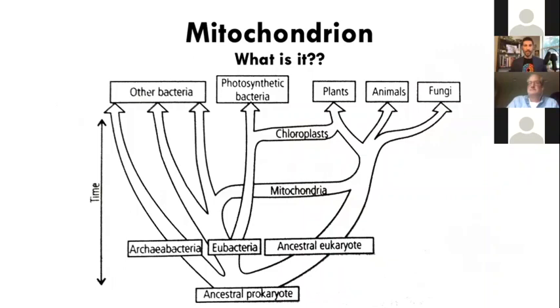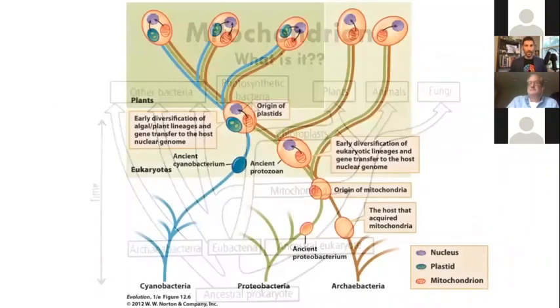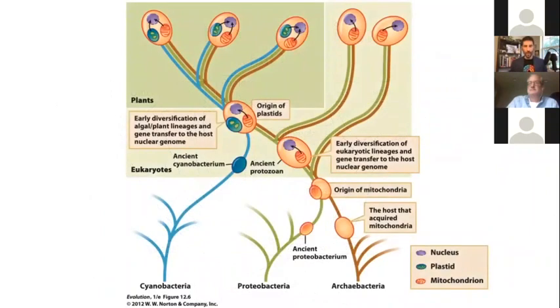The same sort of thing happened with plants with regard to chloroplasts or chlorophyll, which is how they're able to photosynthesize. But mitochondria are a mutualistic relationship that has this old history. Again, this just shows the origin of mitochondria in the tree of life. You can see a gene flow event at the base of higher eukaryotic organisms like plants, animals, and fungi.